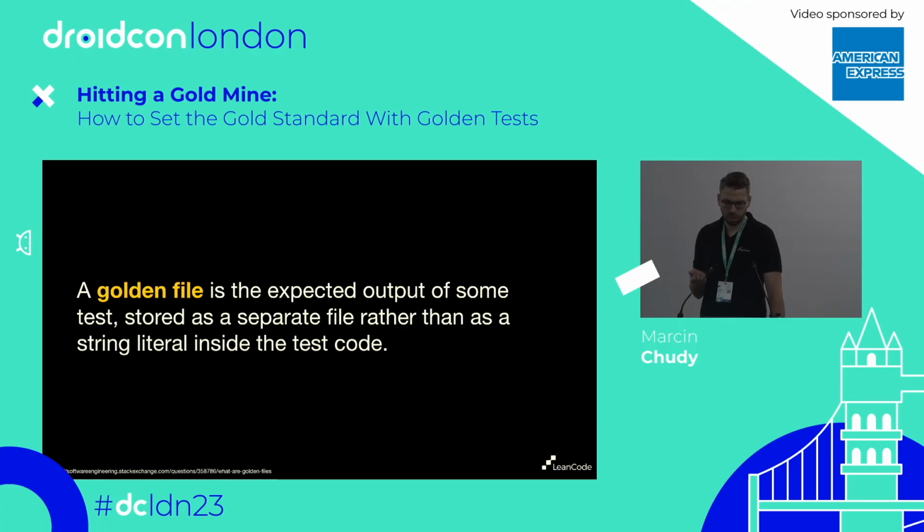A golden file is the expected output of some test stored as a separate file rather than as a string literal inside the test code. So instead of doing standard assertions at the end of each test, we have a file that is the expected output of that test, and when we run the test we compare the actual output to this reference file. That's what a golden file is.